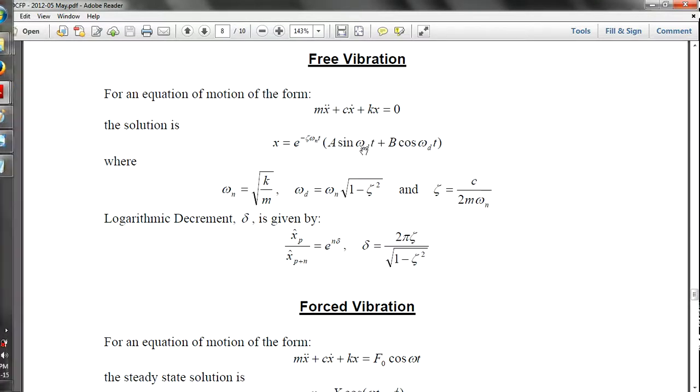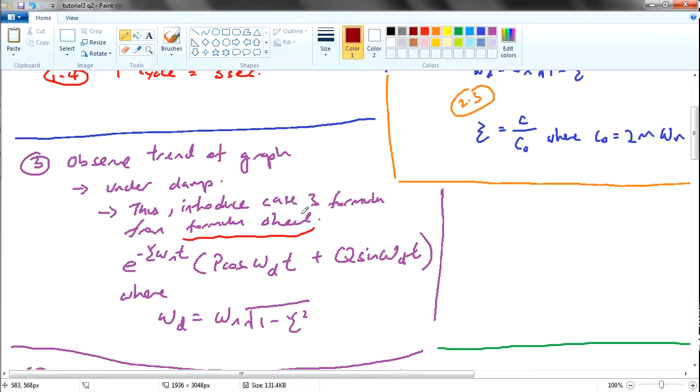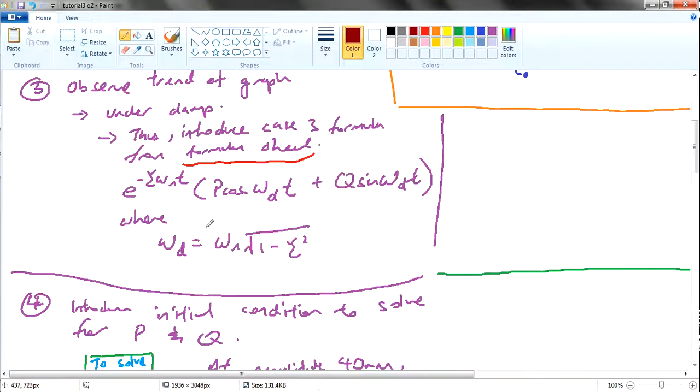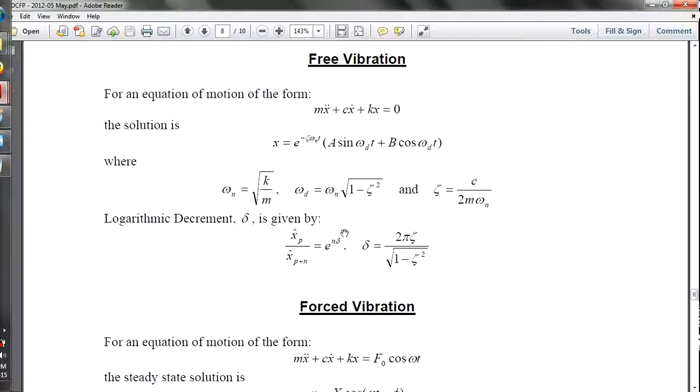Now let's use this equation, which can be used to solve for our solution, unless we are finding the phase angle, then we need another equation. And we know that WD, the damped frequency, is equal to the following.